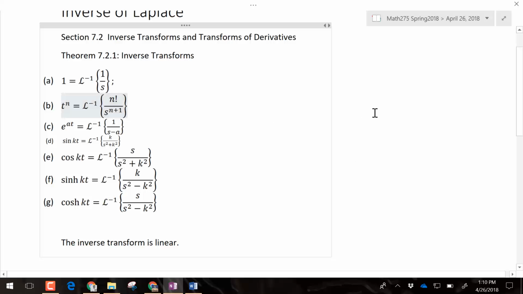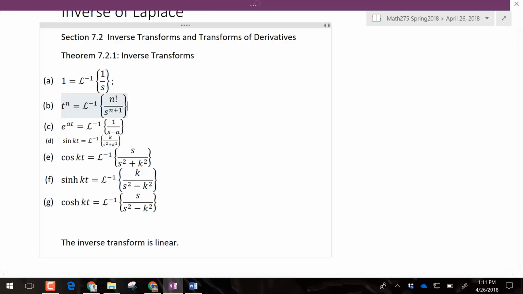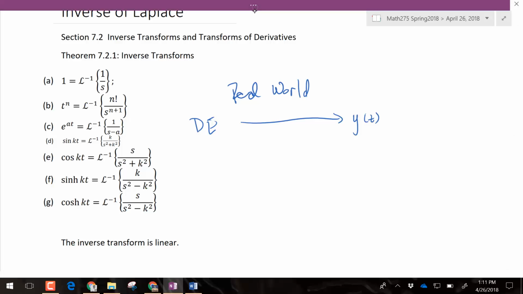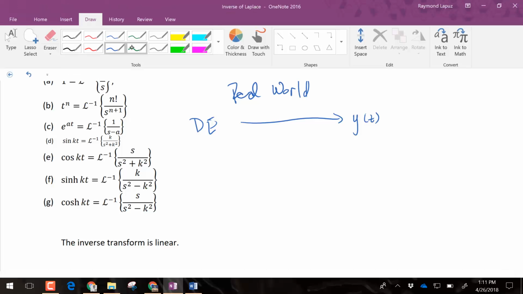And so to do that, we do the inverse Laplace. So just to remind you of the picture that we had, real world, we got our differential equation here where we would use calculus to solve and get the solution. And then we go into the Laplace world.